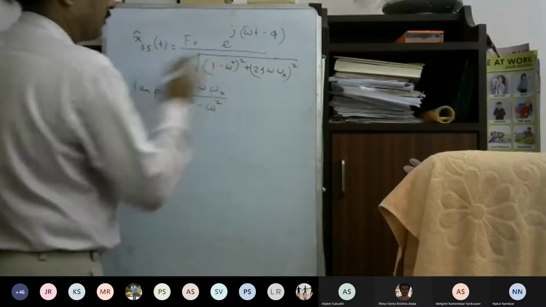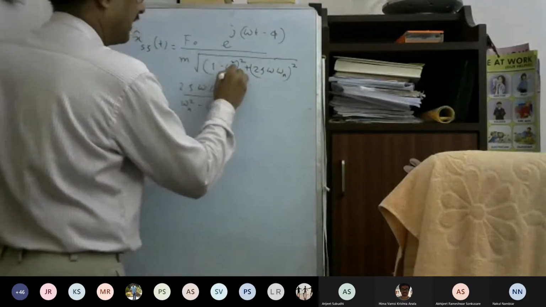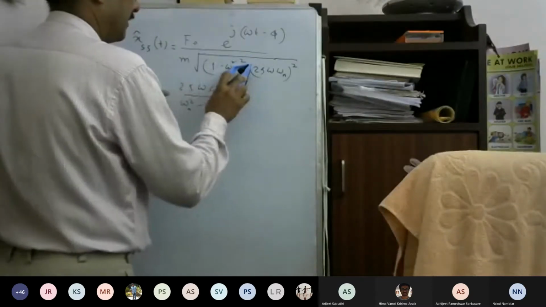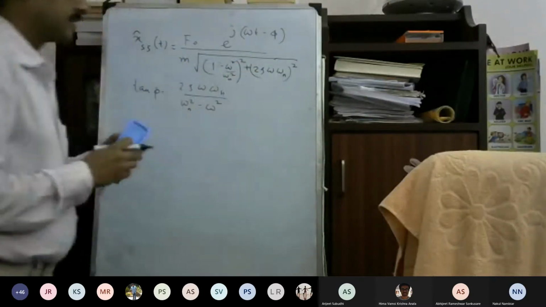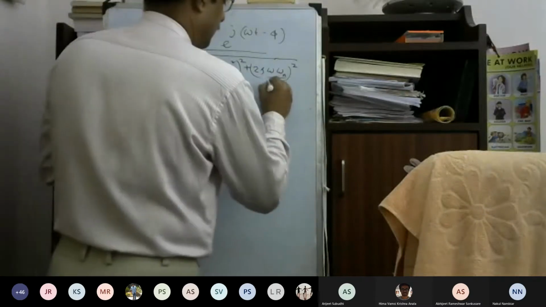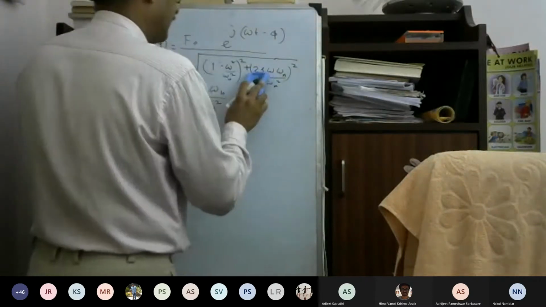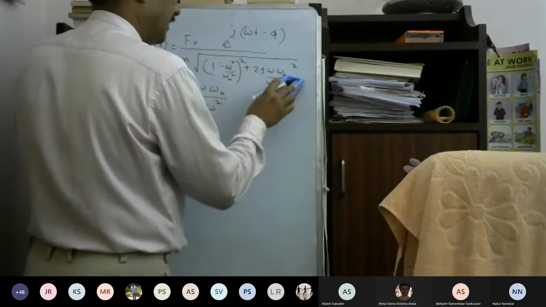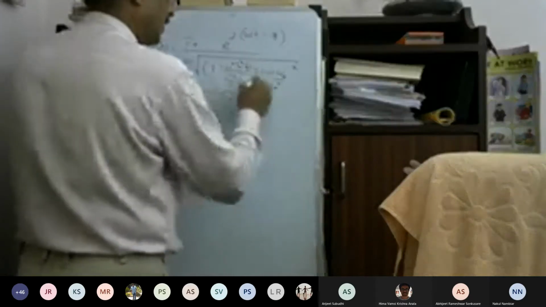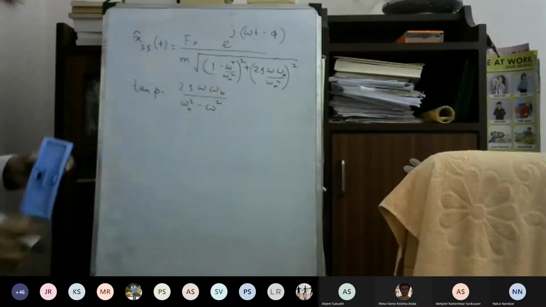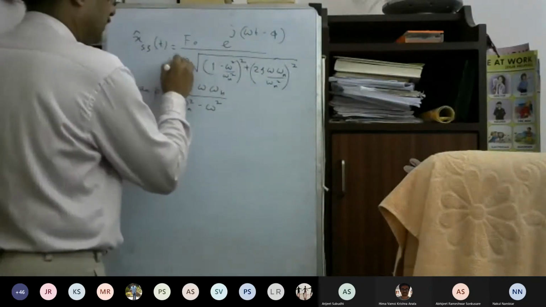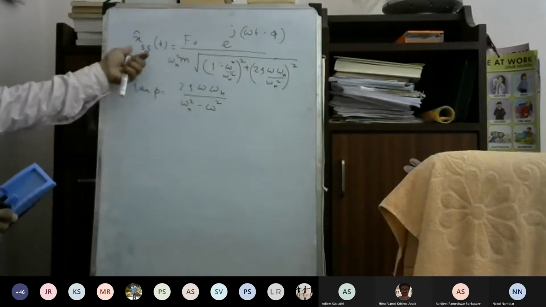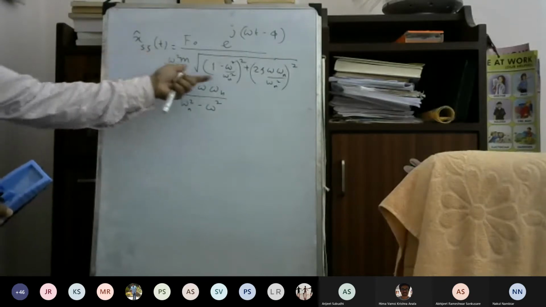Here I will take out omega n square, and in the other terms omega n square will come. And so I am rewriting the expression for x steady state this way.